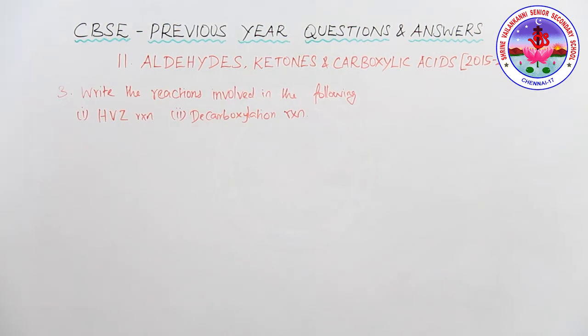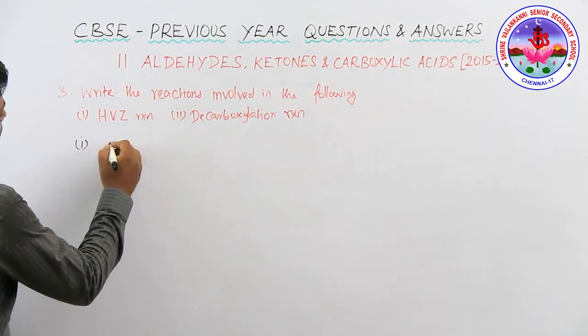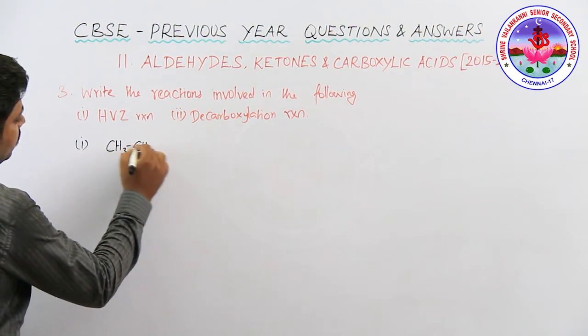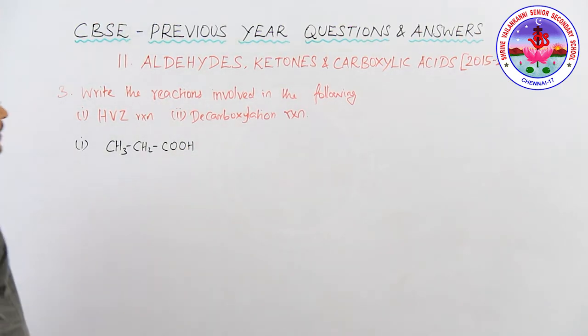Okay. See, the next question is: write the reaction involved in the following, that is HVZ, meaning Hell-Volhard-Zelinsky reaction, then the decarboxylation reaction. The first one, the HVZ reaction. See, propanoic acid, CH3CH2COOH. This is propanoic acid.